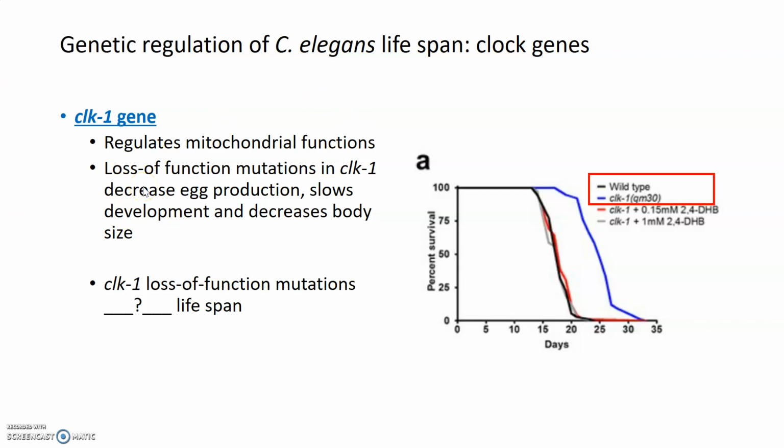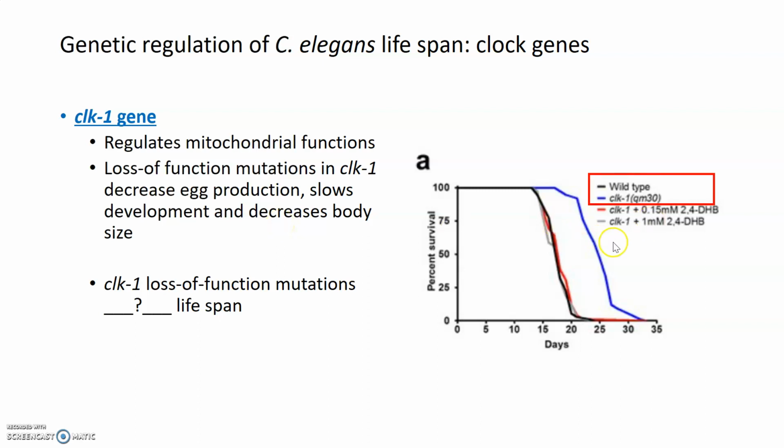And loss of function mutations in clk-1, or the loss of clk-1 protein function, has been shown to have several phenotypes that might contribute to its longevity phenotype as well, such as a decrease in egg production, a slow development, and a decreased body size.